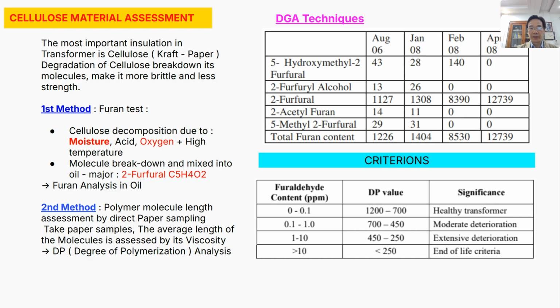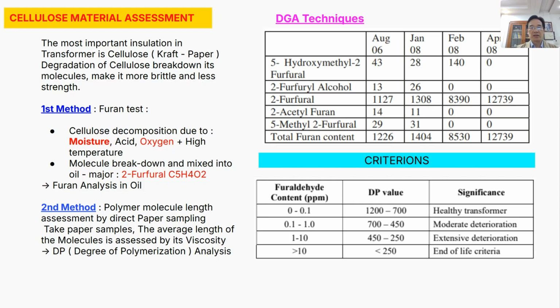So another alternative solution is to have the furan analysis. So what is the furan? During the decomposition of the paper, of the cellulose material, the molecule, the polymer is broken down, then generates some organic chemical into the oil.